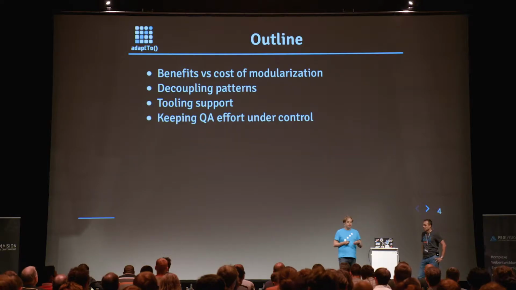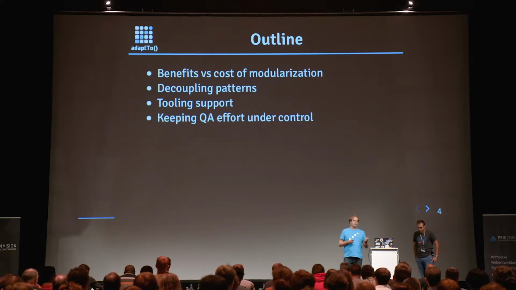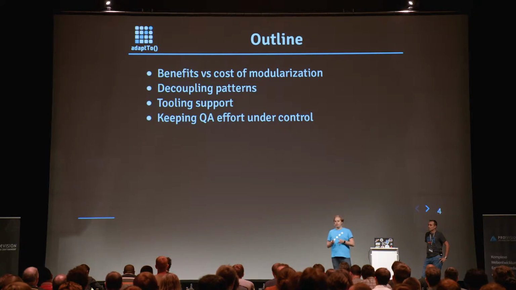Then we will have a look into the tooling support, specifically what we have with feature model and how that can be used to analyze parts of modularization and how this can be governed. And after that, I will also get into the part of keeping the QA effort under control, or more or less, what is the problem with QA and modularization and why there is such a big impact.